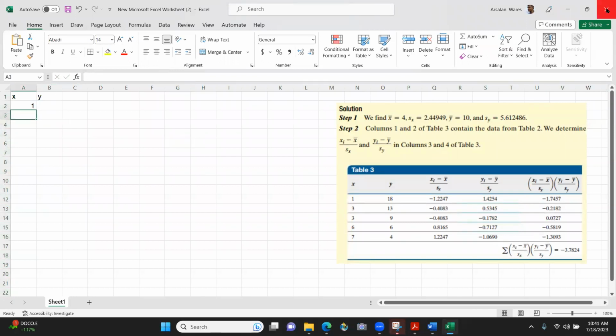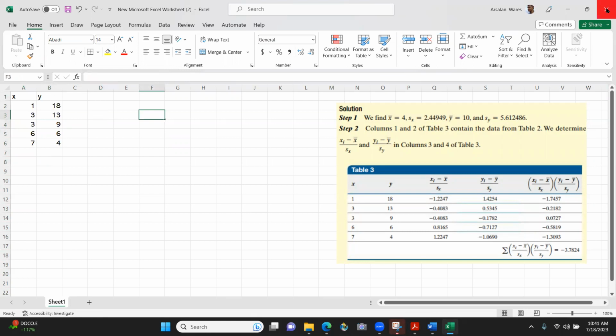It's just a problem example from your book. X is 1, 2, 3, 3, 6, and Y is 18, 13, 9, 6, and 4. And we'll check our answers.